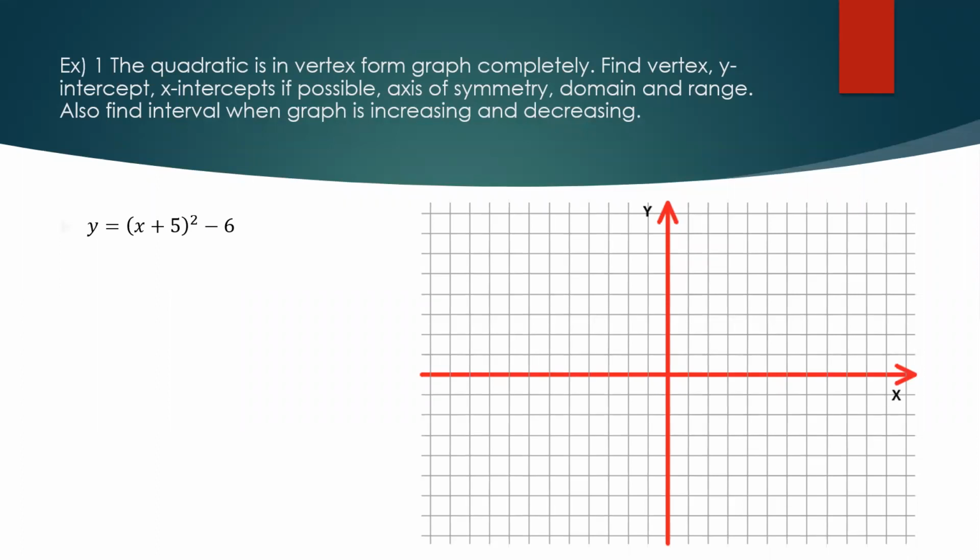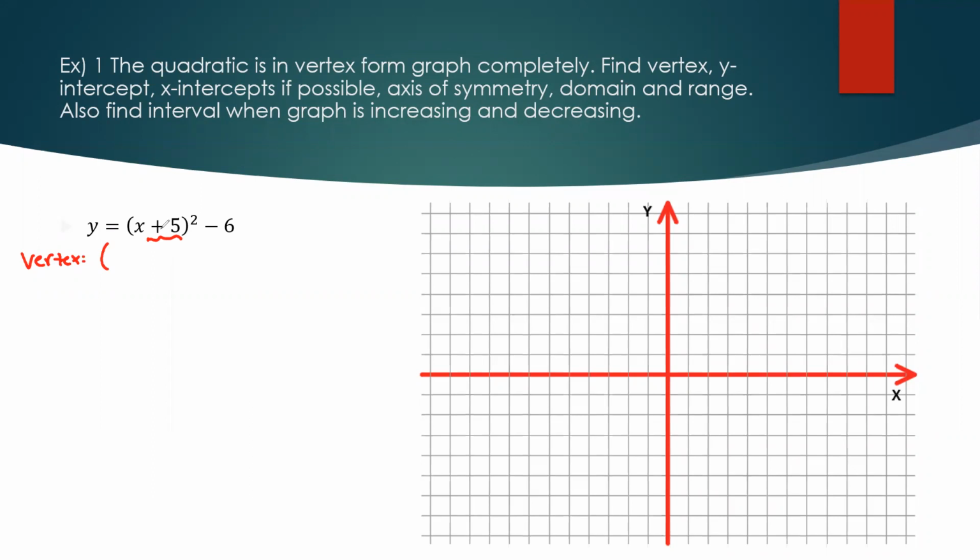Okay, so let's first find our vertex. The vertex is actually easy to find, right? Because it is in vertex form, it's pretty much your horizontal shift and your vertical shift. What is our horizontal shift? It's related to the inside of the parentheses, this x. It says x plus 5.